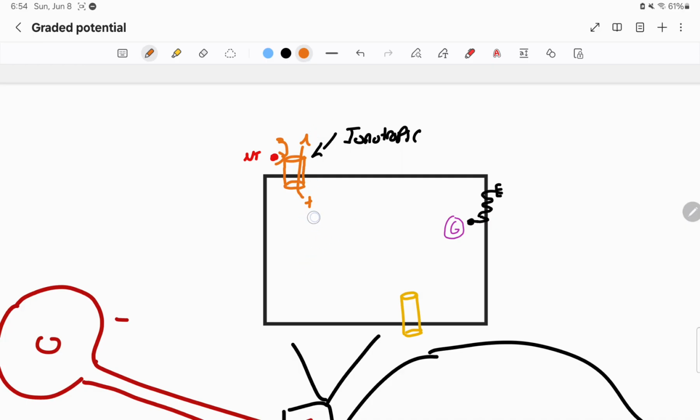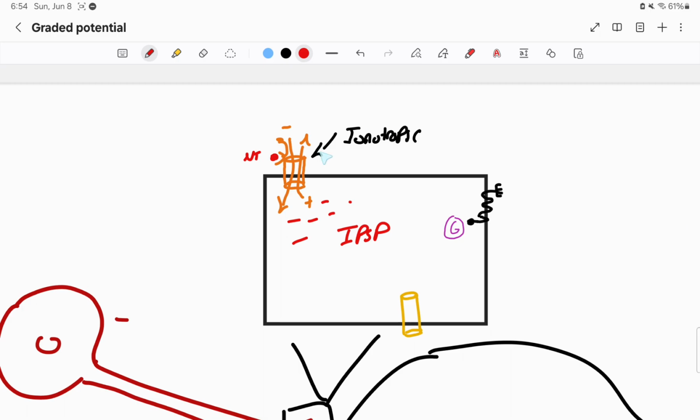Another scenario is if I grab a negative charge, such as chloride, and push it inside of the cell. Either way, I'm causing an IPSP to occur, because negative charges are accumulating. Great.